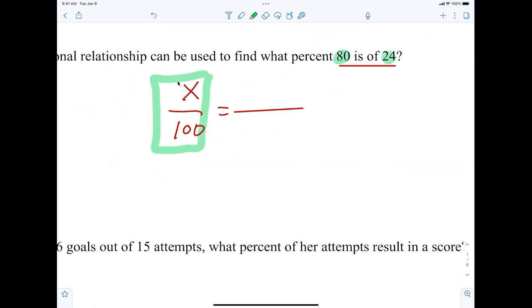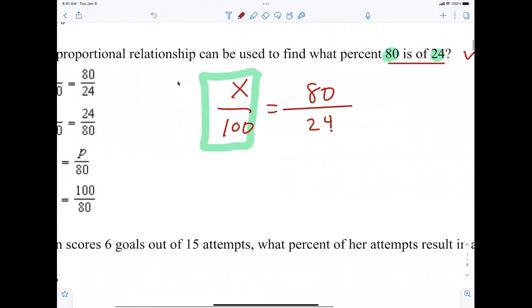So 24 is actually the total. That's not going to be on the exam. I'm not going to put that one on the exam. It'll be straightforward. So in this case, 24 is the bottom, 80 is the top.